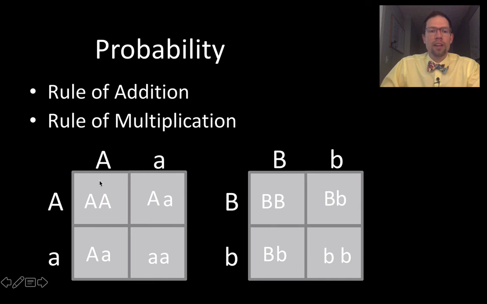Chances of me having dominant A but recessive B, so 3/4 times 1/4 is 3/16. Chances of me having a recessive A but a dominant B, so 1/4 times 3/4 is 3/16. And I already mentioned 1/4 recessive and 1/4 recessive leads to 1/16. So that's where the 9 to 3 to 3 to 1 ratio comes from.